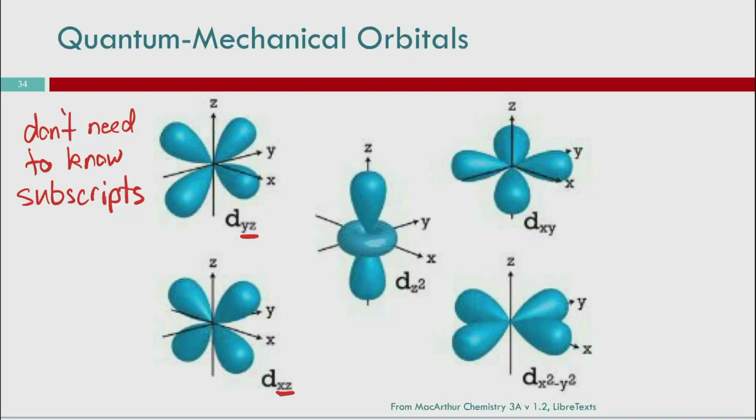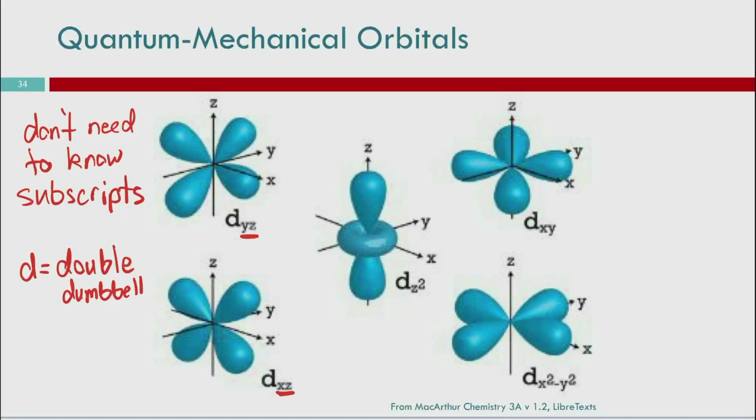So now for our d orbitals, we've got, for the most part, a double dumbbell shape. Except for one of them, which is weird. So we've got double dumbbells for 4 of them.